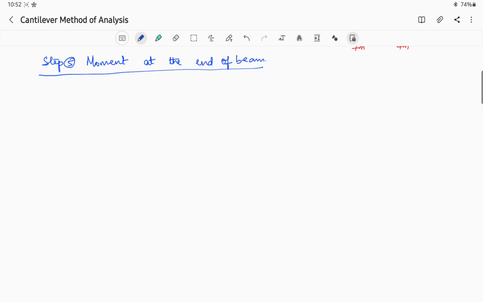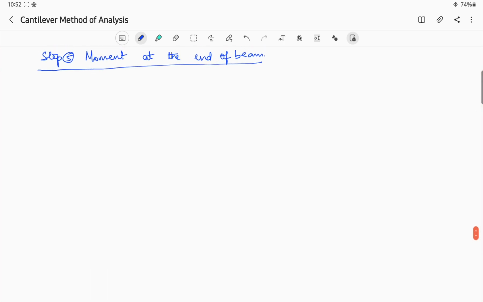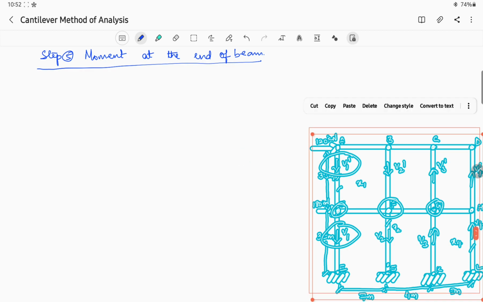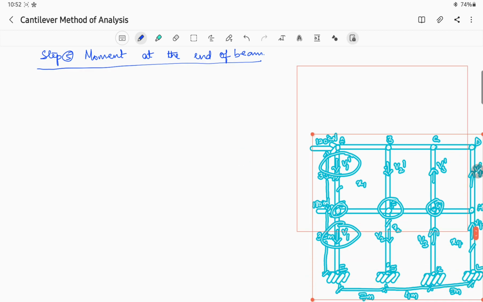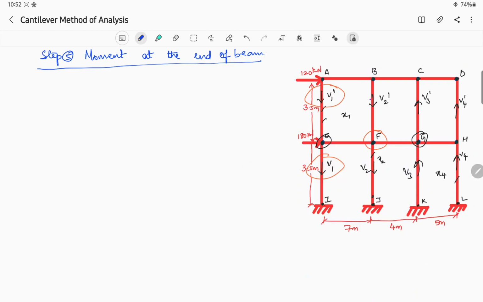Okay, so let us draw the figure once again here. So this is the figure we have, and we know that at the center we have the point of contraflexure.